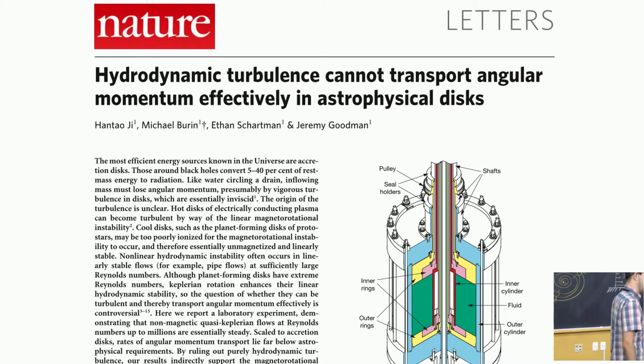So what is removing angular momentum in disks around compact objects in the universe? If it's not just pure hydrodynamic turbulence, what then is driving accretion?